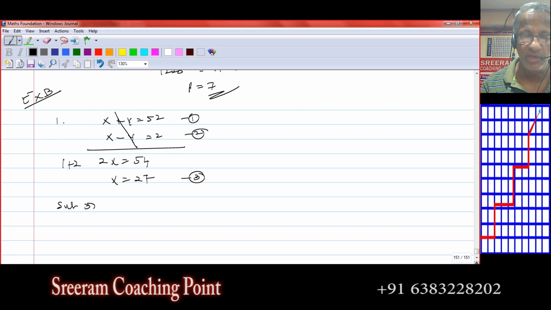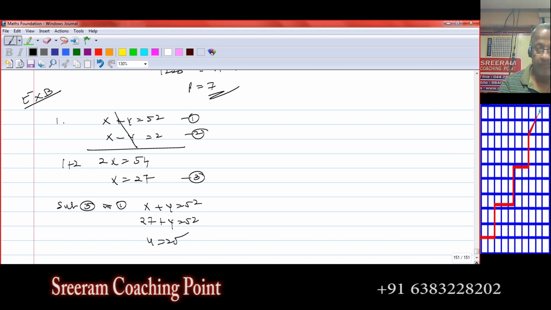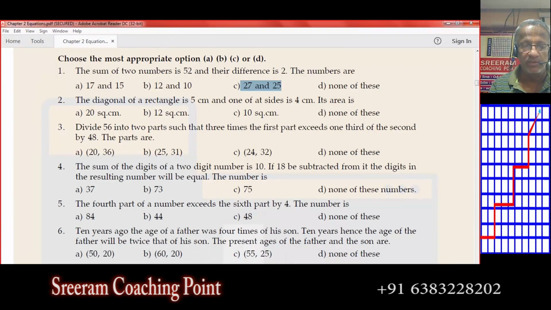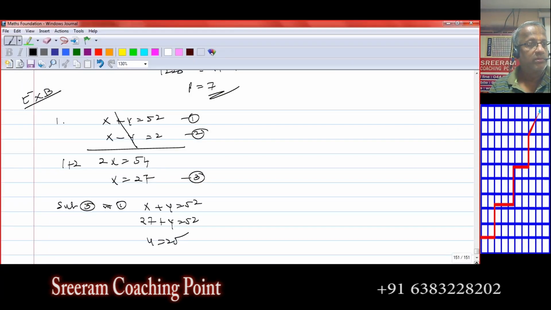Substituting 3 in 1, x plus y equal to 52, 27 plus y equal to 52, y is equal to 25. That is the way we have answered the first part of the question. Is that right? Shall I proceed to the next one?